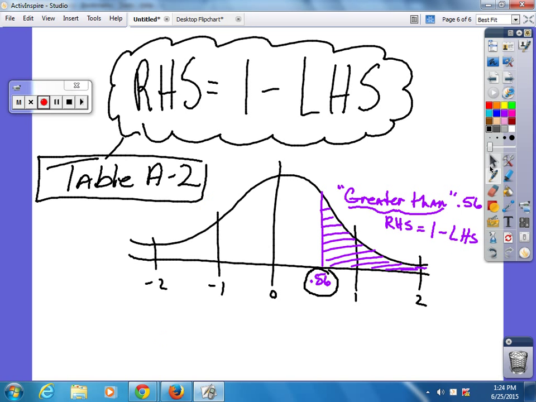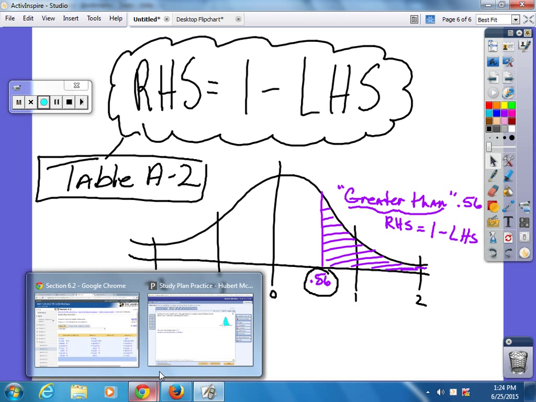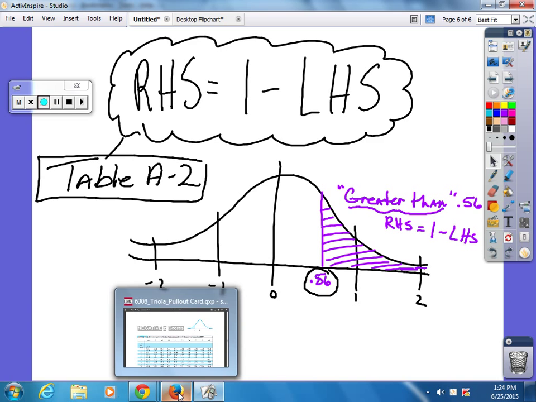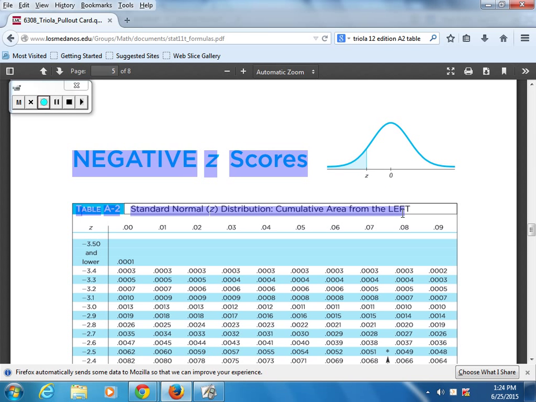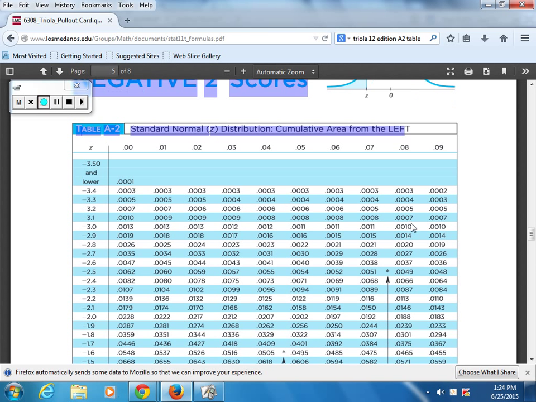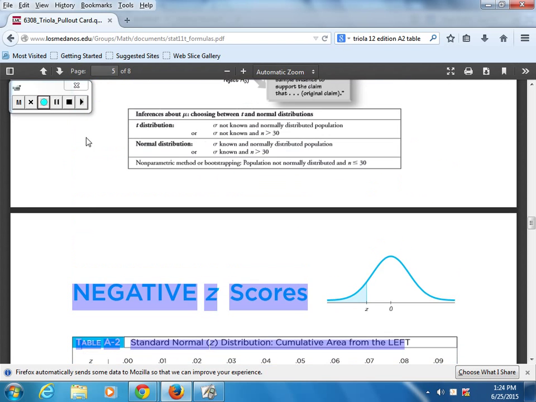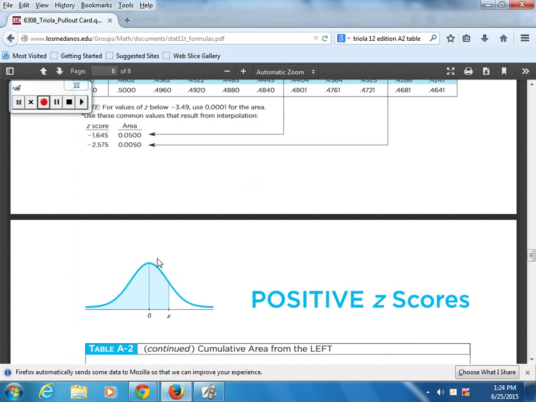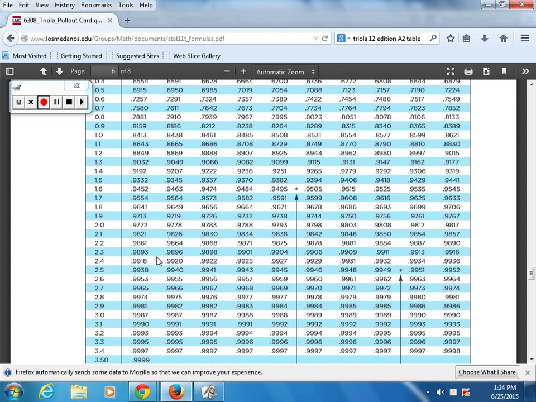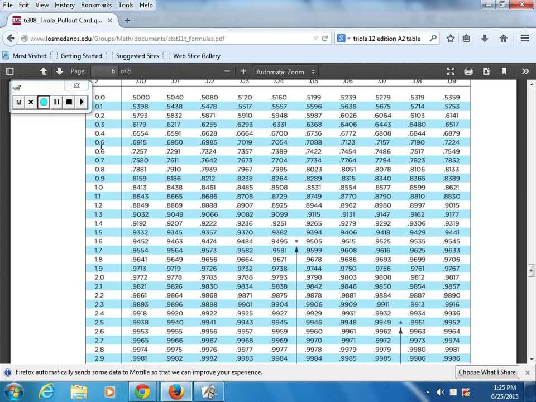So you go to your handy-dandy table and you look for 0.56. That's 50 cents, and 6 pennies. So you look up 50 cent. We got to go to the positive, sorry. 50 cent, there's 50 cent right here.